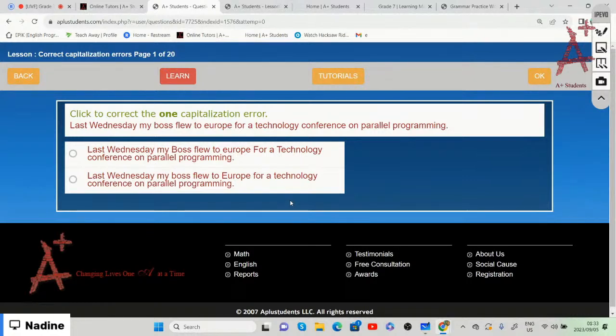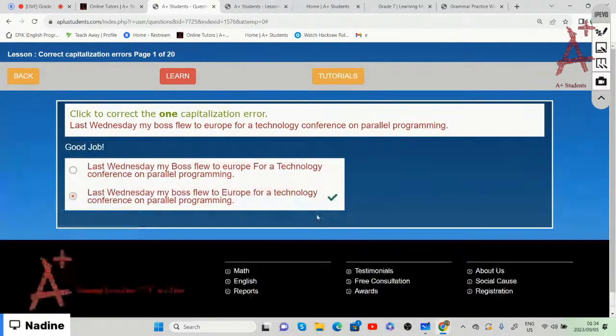So is it last Wednesday, my boss, with capital letter B for boss, flew to Europe for a technology conference on parallel programming, or last Wednesday, my boss flew to Europe, capitalize Europe, for a technology conference on parallel programming. And if we choose the correct capitalization error, we are going to choose option 2 because we need to capitalize Europe, right? So capitalize Europe.